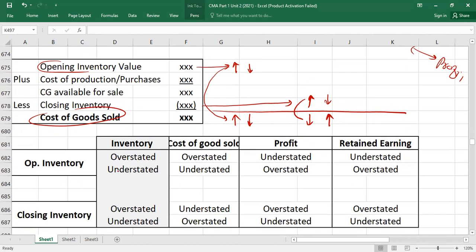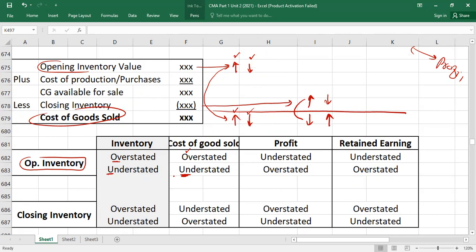It's written in table shape here. Here we are dealing with the first scenario I'm going to cover. If opening inventory is overstated, cost of goods sold is also overstated. Right? If opening inventory is understated, cost of goods sold is also understated.